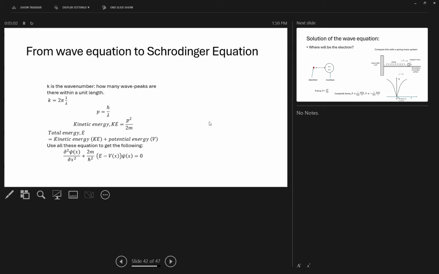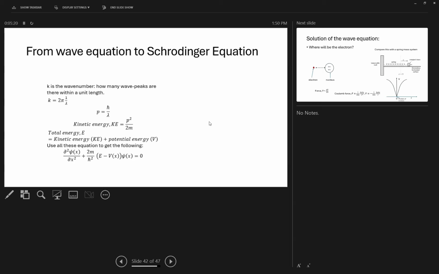And from wave particle duality, we know that lambda also can be replaced by momentum. Let me write it this way: twice pi over lambda can be written as h cut by p.